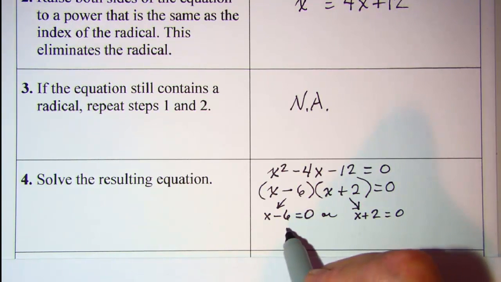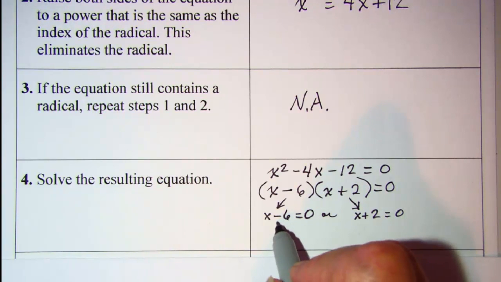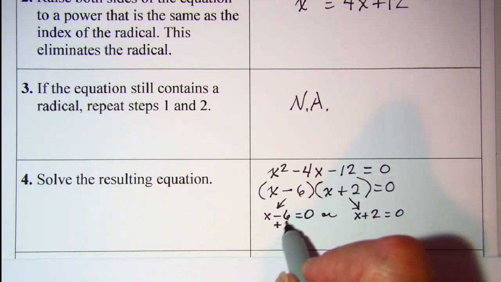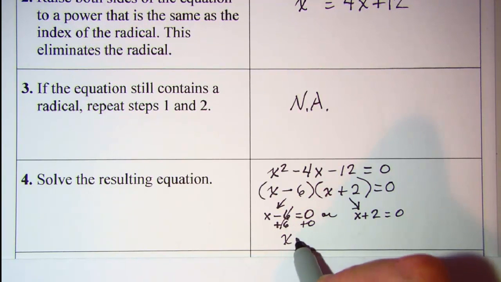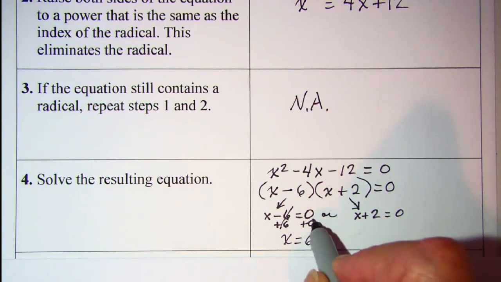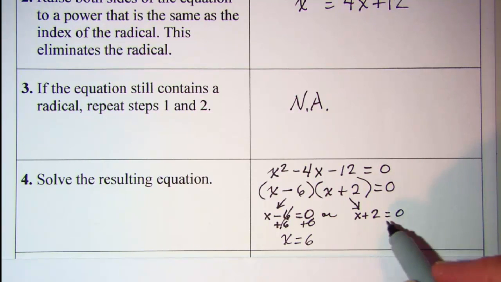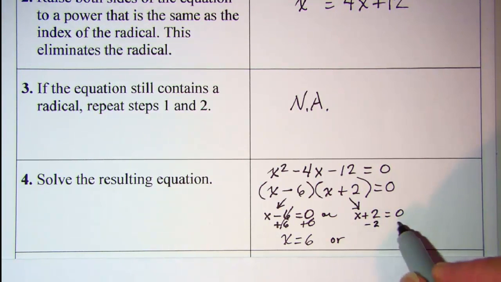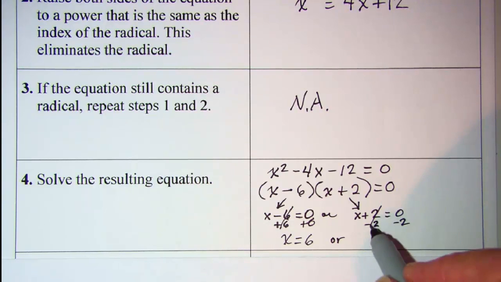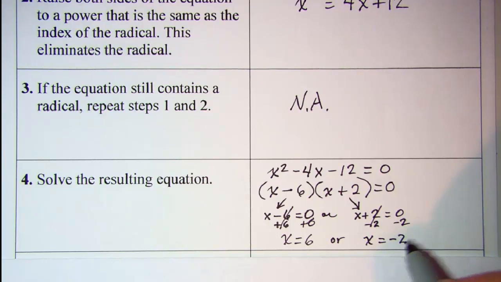I'll solve those for x by adding 6 to both sides here. These will cancel, and I get x is equal to 6. And then subtract 2 from both sides for this equation. These will cancel, and I get x is equal to negative 2.